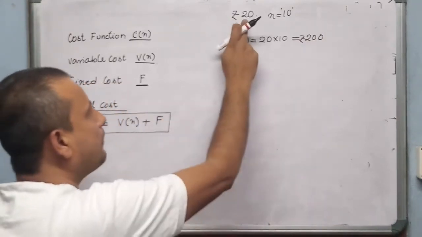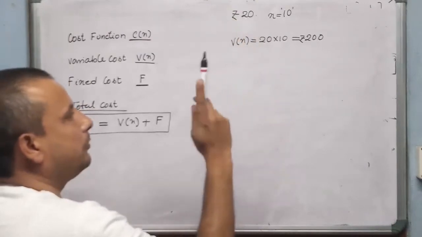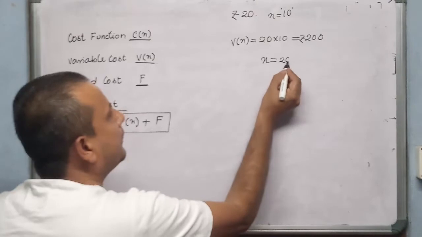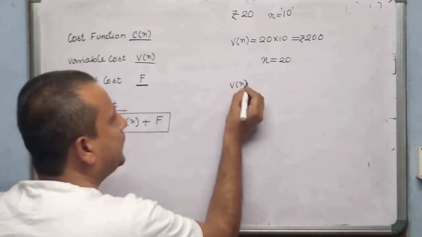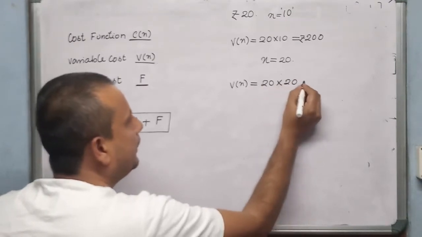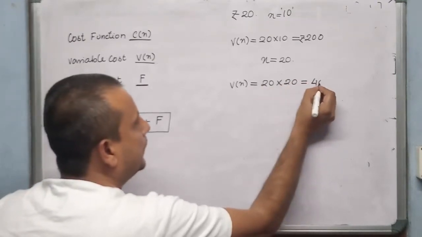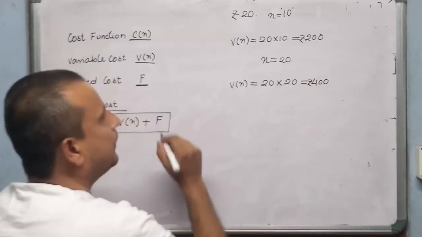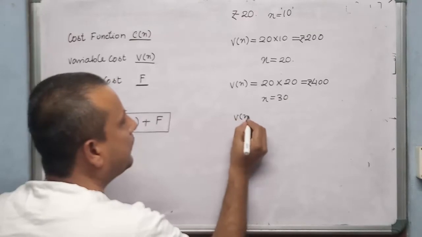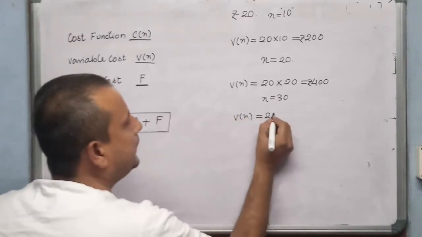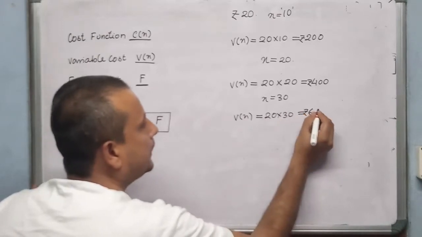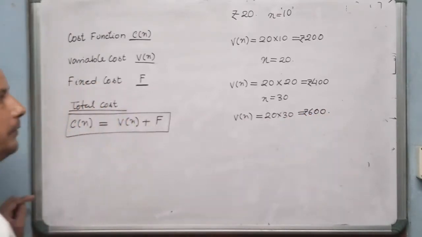Let us suppose the same marker, cost of one marker is 20 rupees, and if you buy 20 markers, then 2 fours are 8, it is rupees 400. Similarly, if you buy 30 markers, then the variable cost will be 20 into 30, 3 sixes are 18, rupees 600 is the total variable cost.